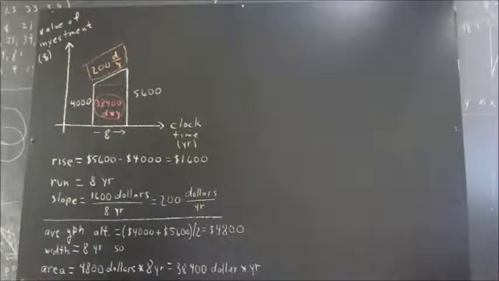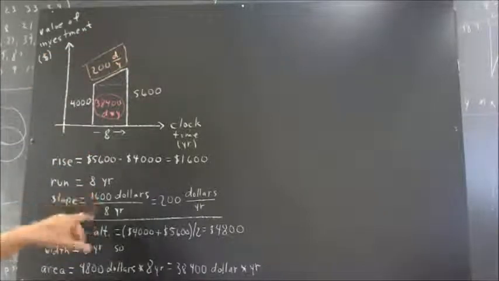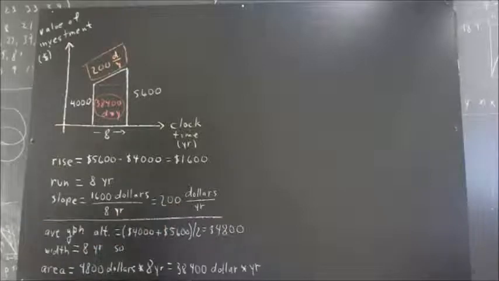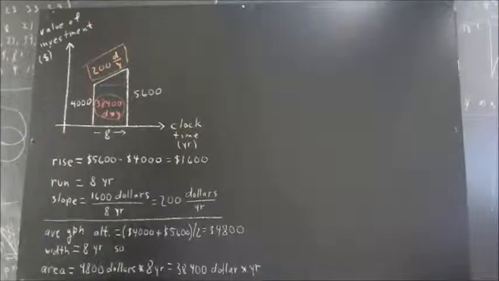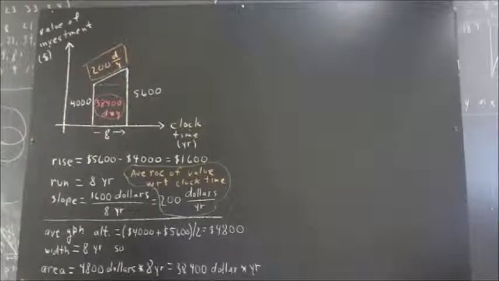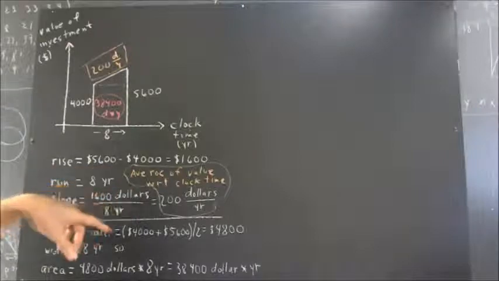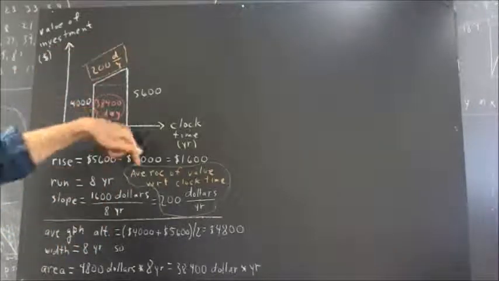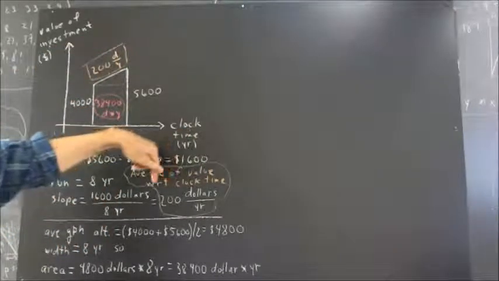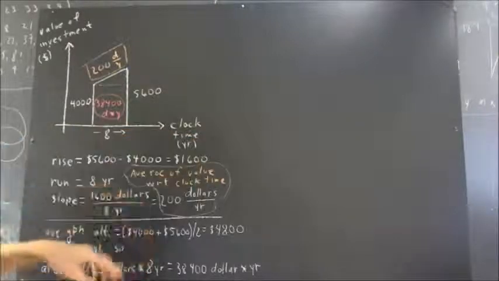Well, we went up by $1,600 in 8 years, so that's an average of $200 per year. It's the average rate of change of the value of the investment with respect to clock time. What this means is the average rate at which the value changes with respect to clock time.